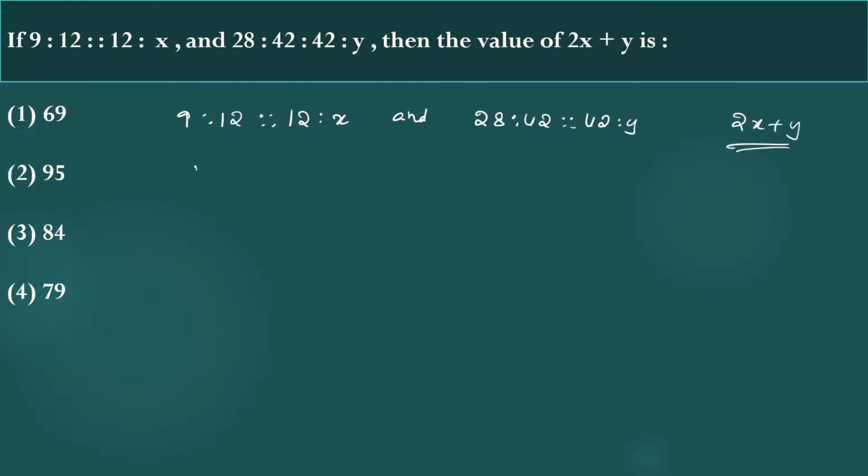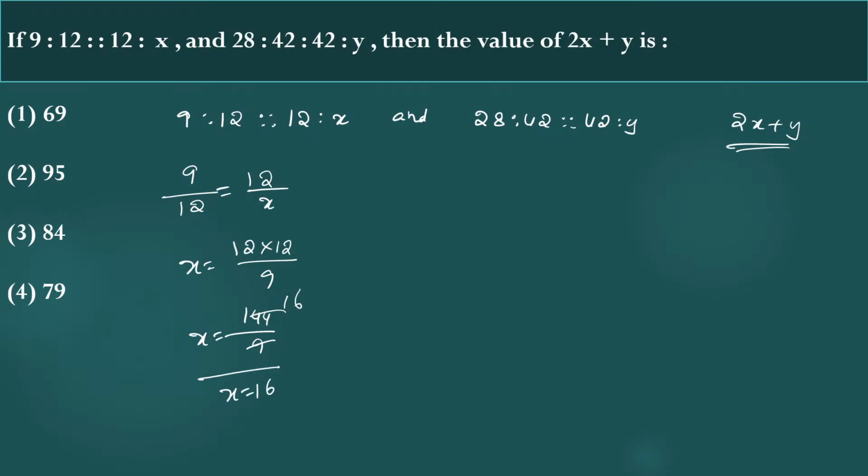So 9 by 12 is equal to 12 by x, and we can write x is equal to 12 into 12 by 9. So x is equal to 144 by 9, 9 sixteens. So x is equal to 16.